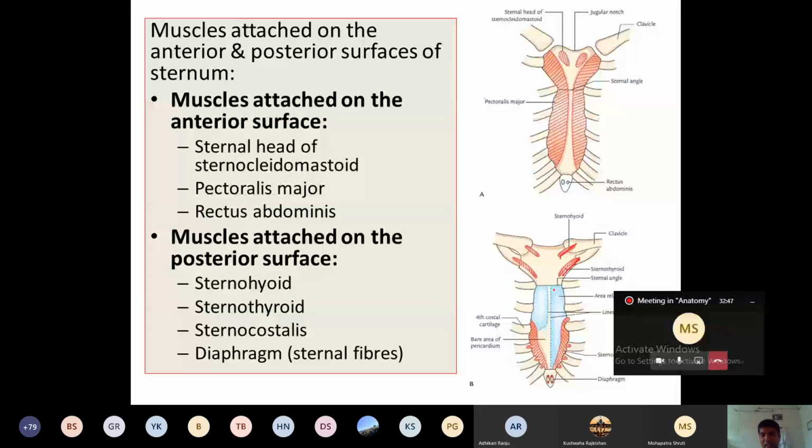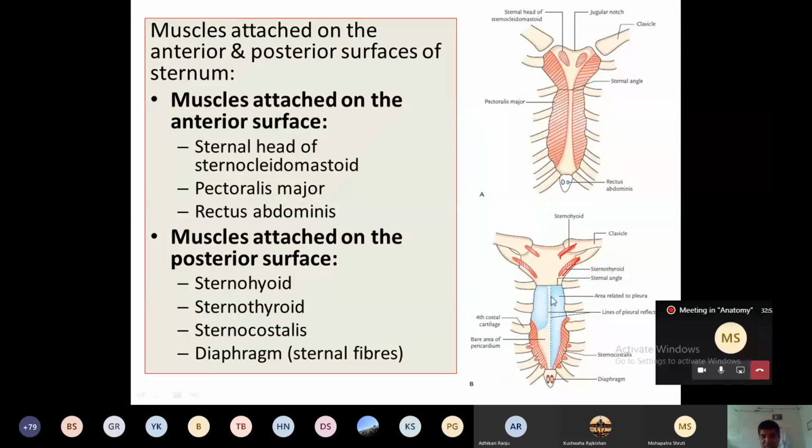And even here you can see the relation of the posterior surface of the body of the sternum with the pleura. See here on the right side what I have told you. The entire part of the body of the sternum in the midline is related to the pleura. This is the right side, and this is the left side.